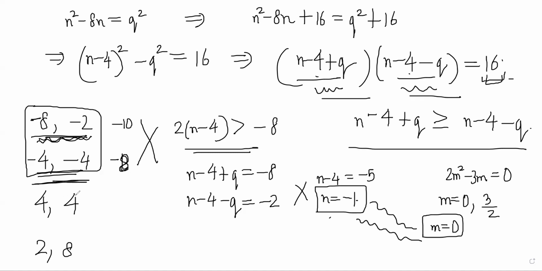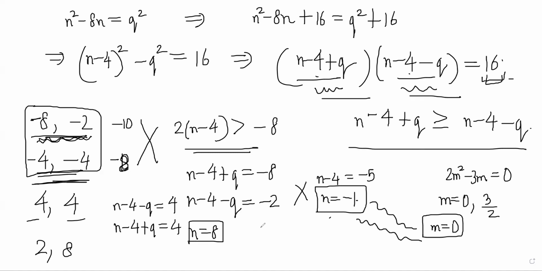So we can say that both of them are 4 and 4. If both of them are 4 and 4, that implies that q must be 0. But you have n minus 4 plus q is 4, and n minus 4 minus q is also 4. So obviously if you add it, you get n minus 4 is 4, so n is equal to 8. So if n is equal to 8, you will get the m value now. You have to look at the original equation and find the m value also.